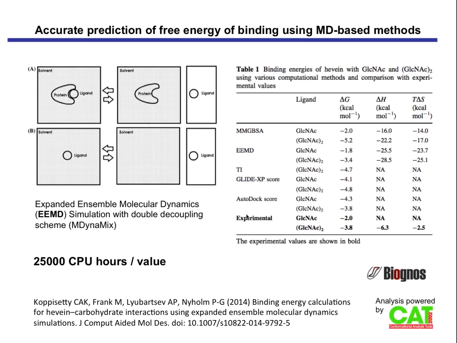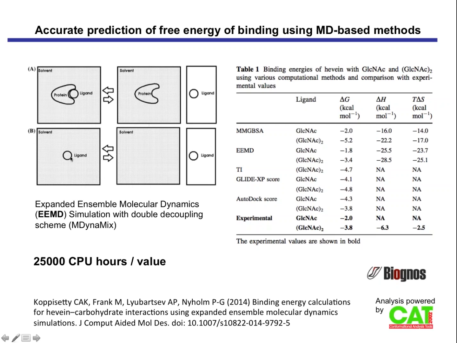Another method to improve the binding affinity prediction accuracy is to use molecular dynamics simulation-based methods, particularly here expanded ensemble molecular dynamics with a double decoupling scheme. You have the system where the complex is built, which you need as a starting point. Then you decouple the ligand from that complex, the water flows in, and in a parallel window you couple the ligand into the solvent.